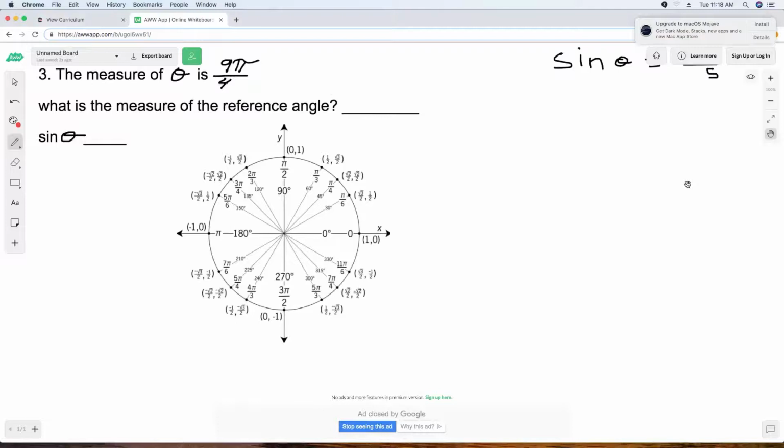Okay, reference angle, and this is pretty much the first lesson on the unit circle. I'm going to pick the 45-degree angle. 45, and then this one cuts the other quadrant right in the middle.